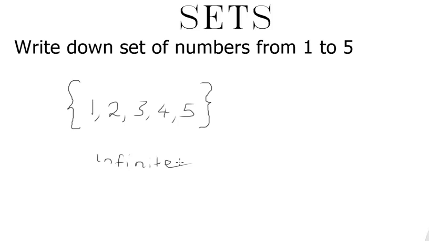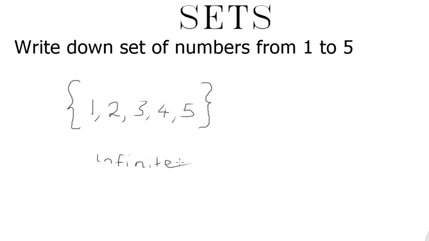For example, if I was to tell you to write down a set of vehicle number plates in Zambia, you can't write all of them down because we don't know how many there are, so there are a lot of them.